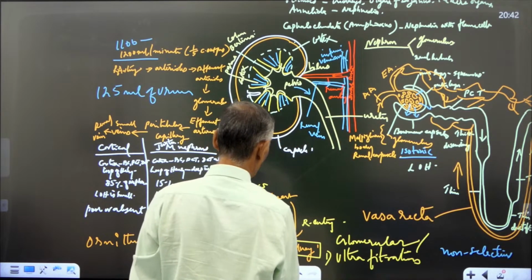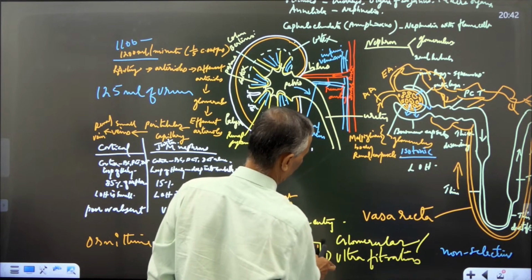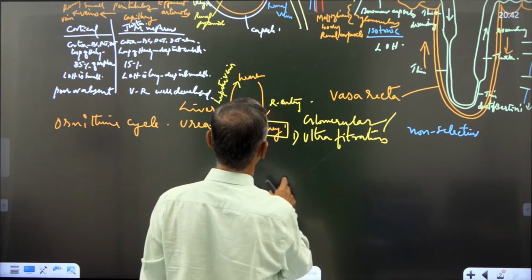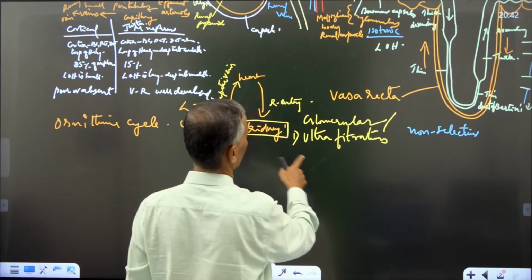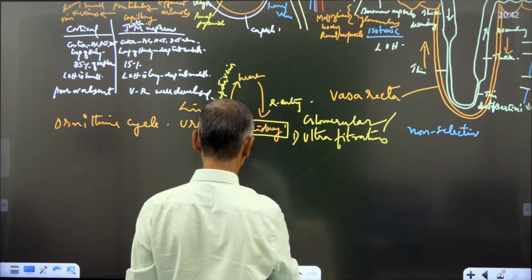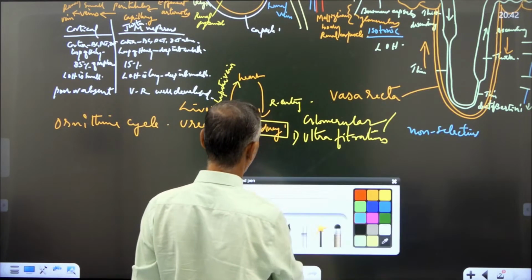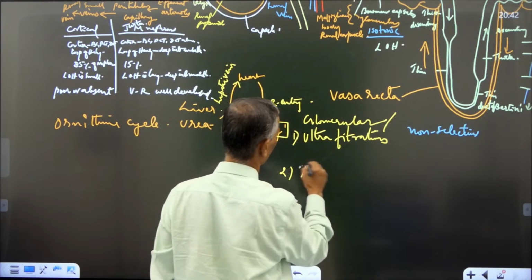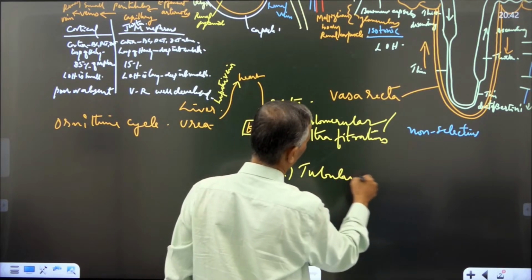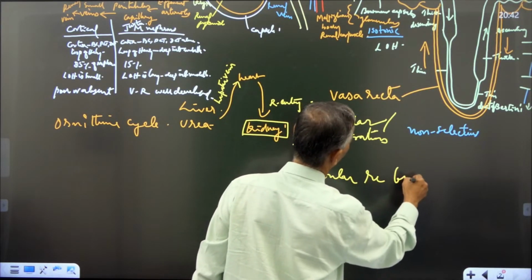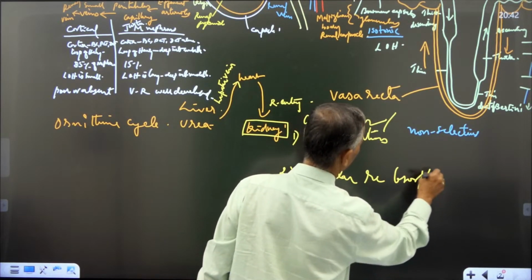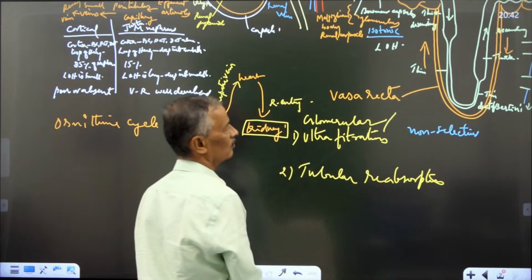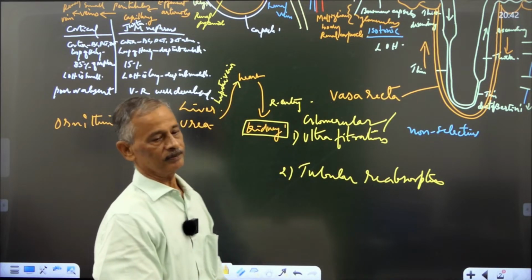Now, what is the second event? Let us see. The first important event is ultrafiltration. The second event is called tubular reabsorption. What is tubular reabsorption?